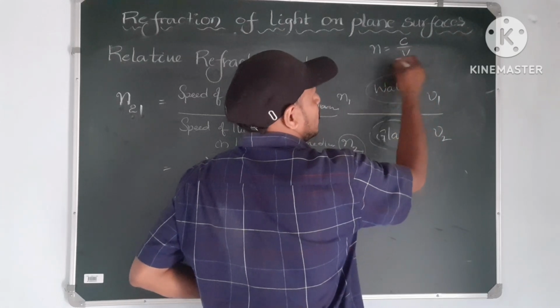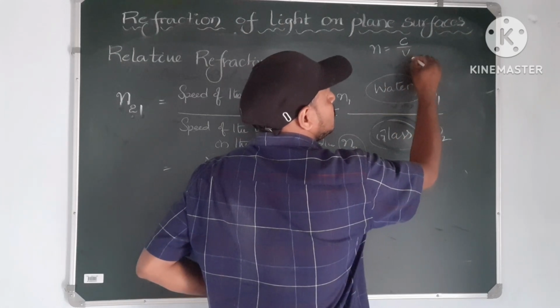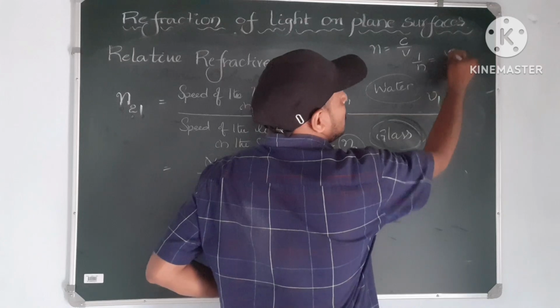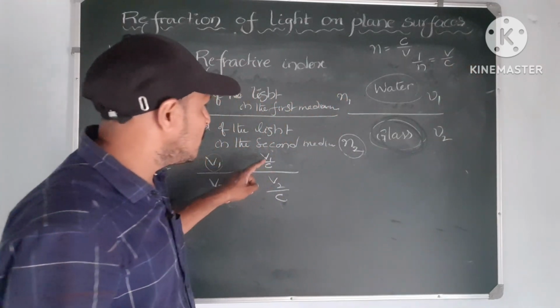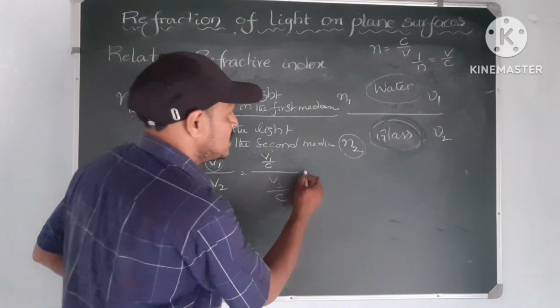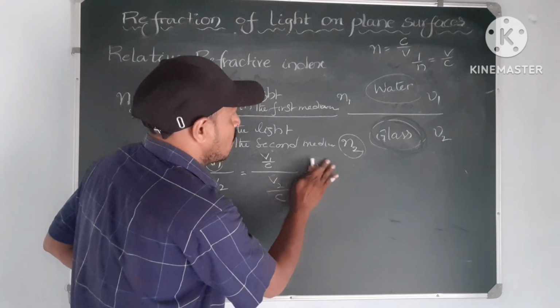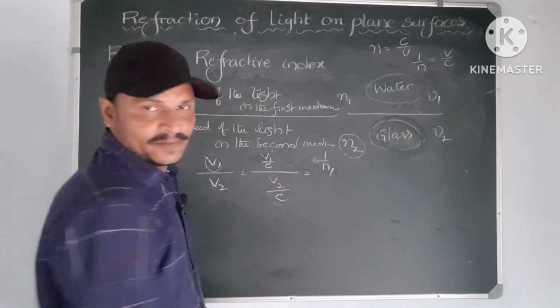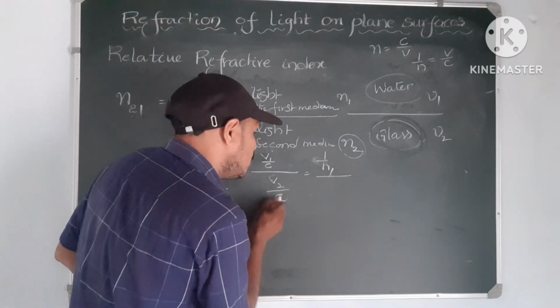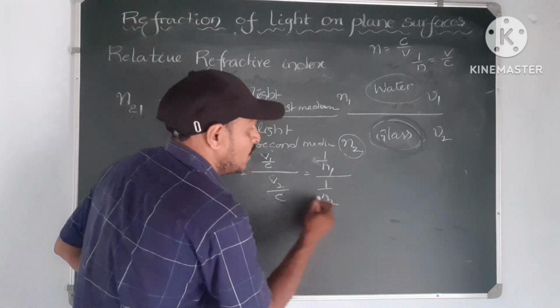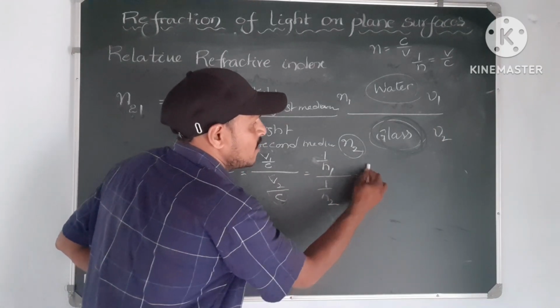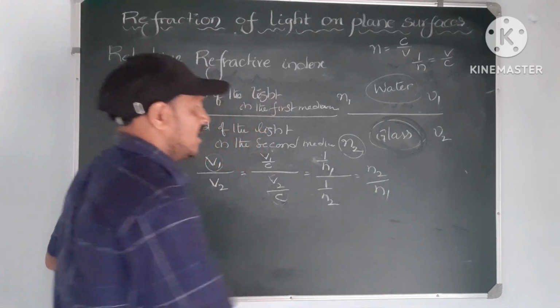So c by v means 1 by n is equal to v by c. So V1 by c means 1 by N1, and V2 by c is equal to 1 by N2. So 1 by N1 divided by 1 by N2 is equal to N2 by N1.